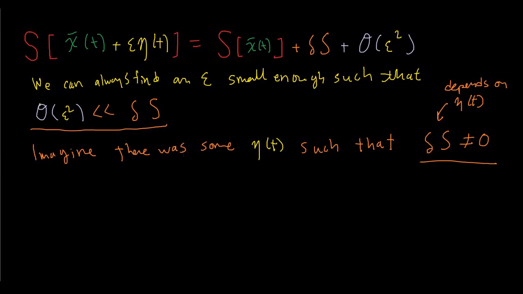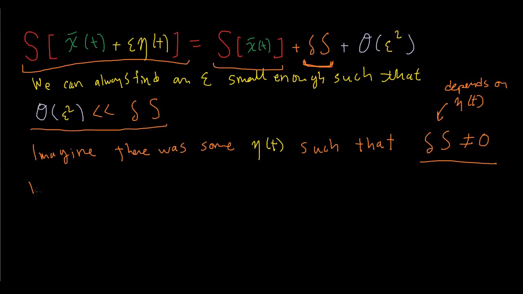Well, what would that mean? That would mean that S of x bar plus epsilon times eta of t was equal to S of x bar of t plus something that wasn't 0, right?